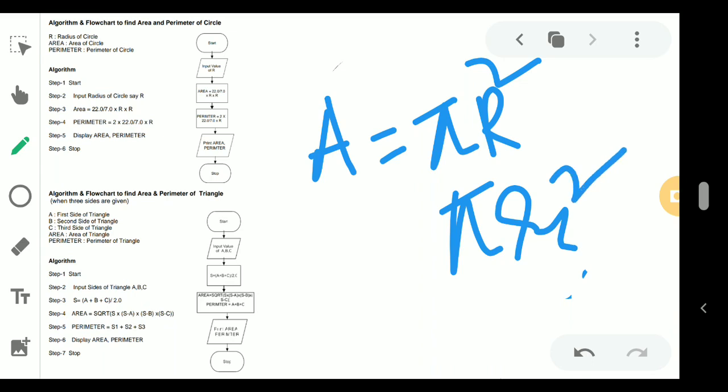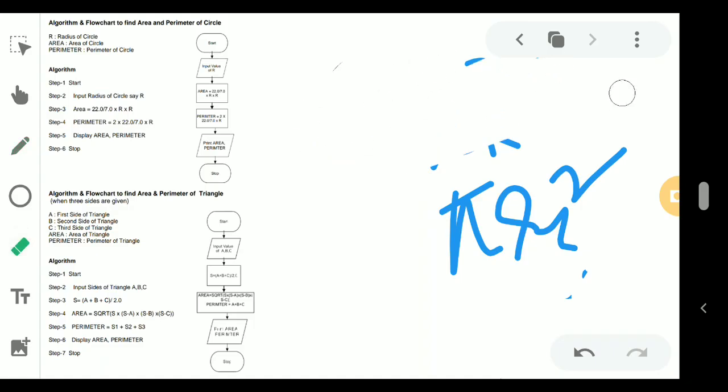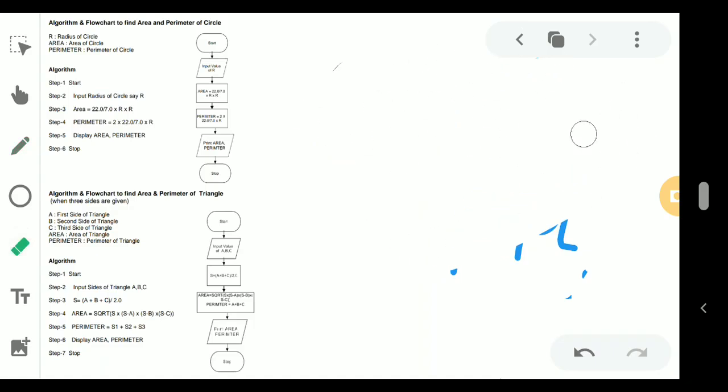Here instead of a it is declared as the area variable. So area equals 22 by 7 into r into r. Next, step 4, the perimeter formula is 2 pi r, so 2 into 22 by 7 into r.